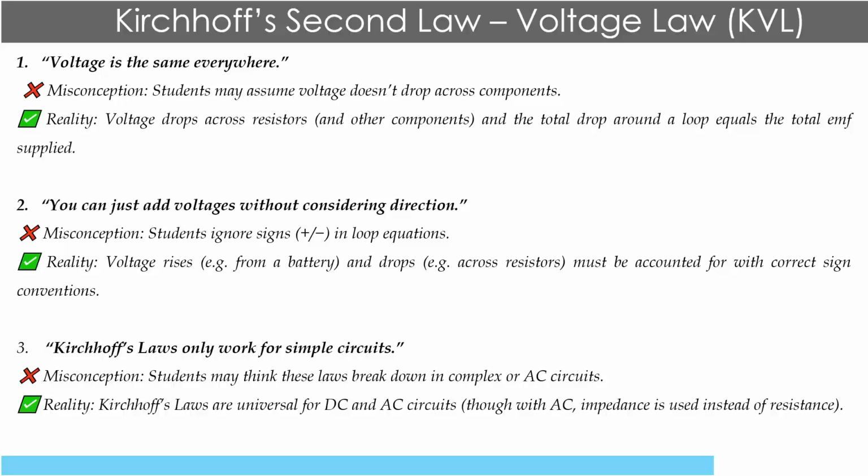Now, another misconception that students have is that you can just add voltages without considering direction. No, this is not so. Whatever convention you take, like in the case we solved just now, we used a clockwise direction to depict the flow of current and the movement of the voltage.